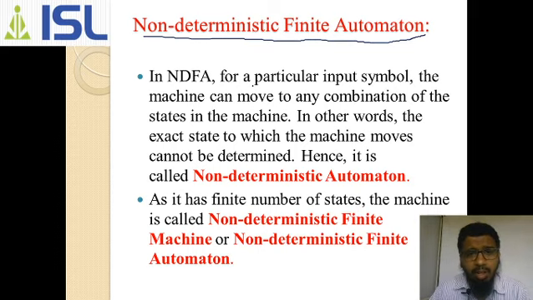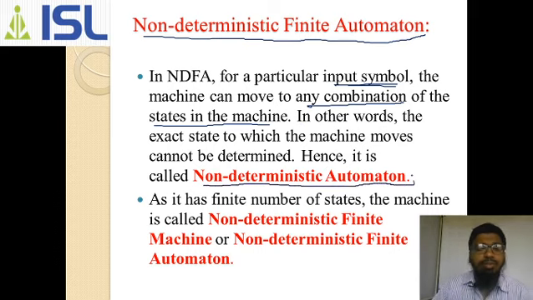In NDFA, for a particular input symbol, the machine can move to any combination of the states in the machine. In other words, the exact state to which the machine moves cannot be determined, hence it is called non-deterministic automaton.